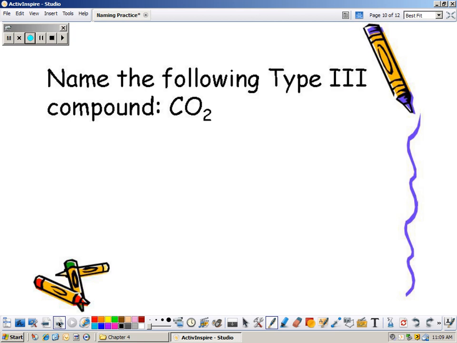Okay, so name the following type 3 compound. So your first nonmetal, so notice you have nonmetal, nonmetal. Alright, so you're going to name the first nonmetal. You only have one carbon, so you do not need to use the prefix mono. You just put carbon.